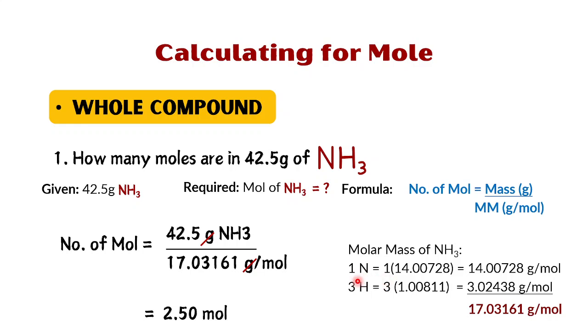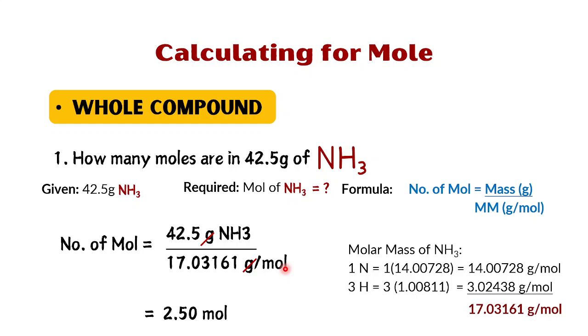We just multiply the number of atoms for that element by its molar mass, and then we add everything, and that's where you get the molar mass for that particular compound. I just place the molar mass here because this is where it should be written, at the bottom. So, the mass is in grams, and then the molar mass should be in grams per mole.